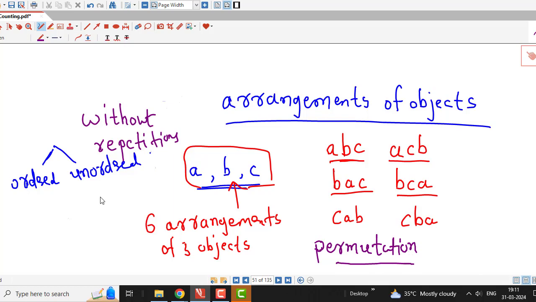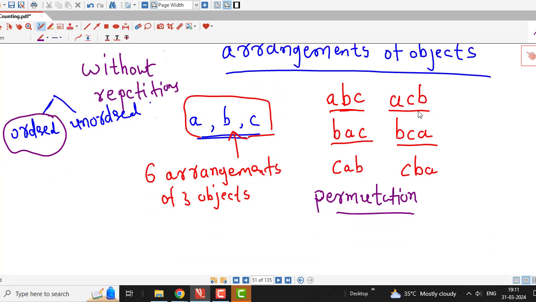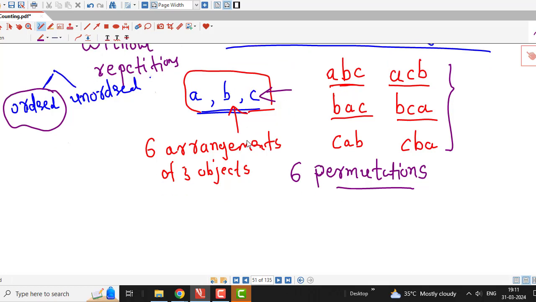Permutation means an arrangement in which order is important and we are not considering repetitions. So there are 1, 2, 3, 4, 5 and 6 ordered arrangements of these three objects without repetitions. So we can say that there are 6 permutations of these three objects taken all at a time.